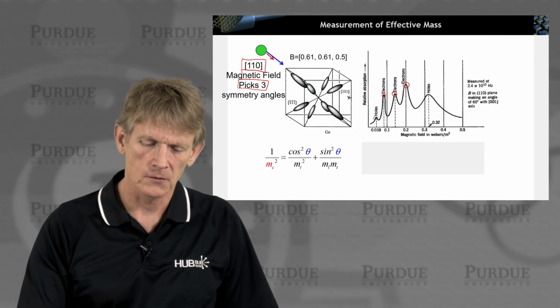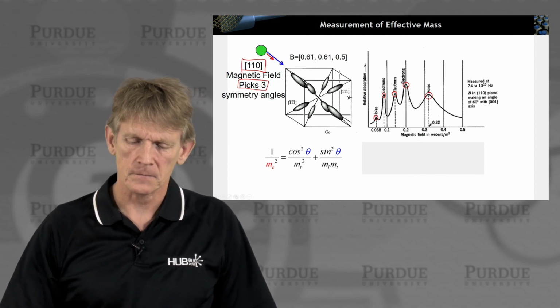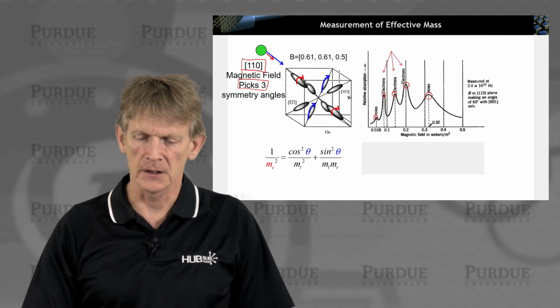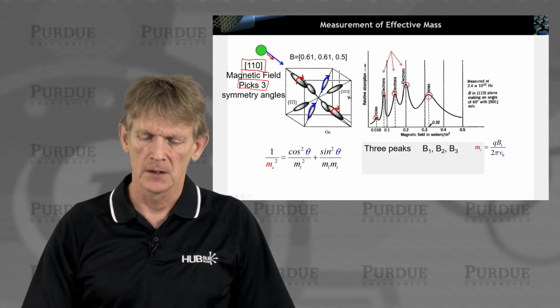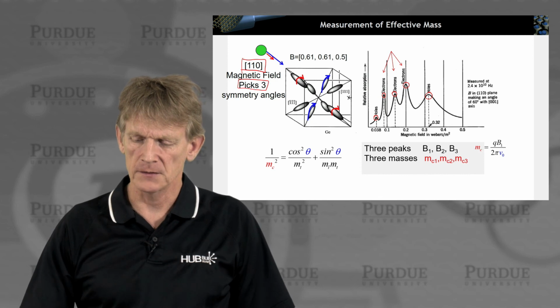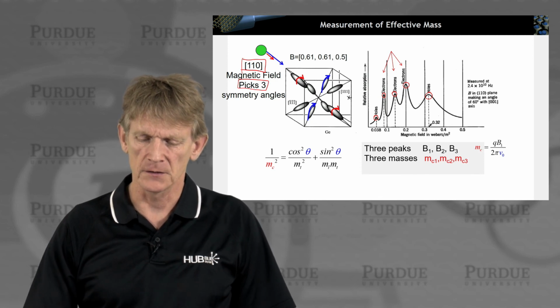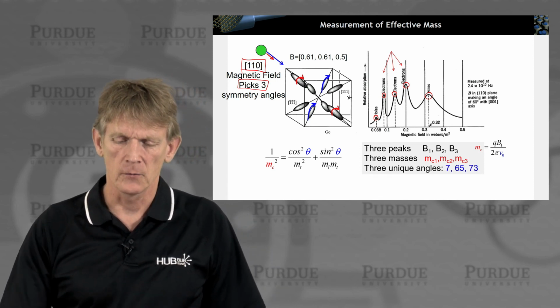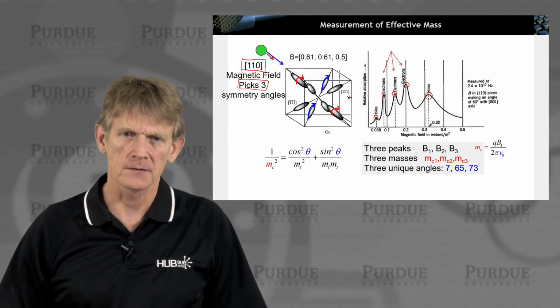And of course, you can also find other peaks that you can then begin to associate with holes. So with the 3 peaks in B1, B2, and the cyclotron mass derived by the magnetic field strength, with the angles, you can get the 3 different masses.